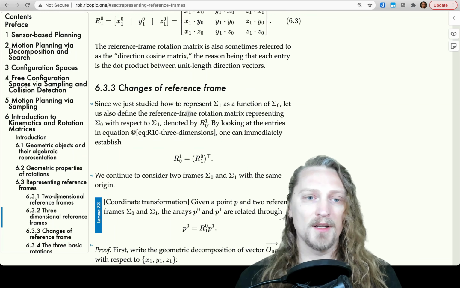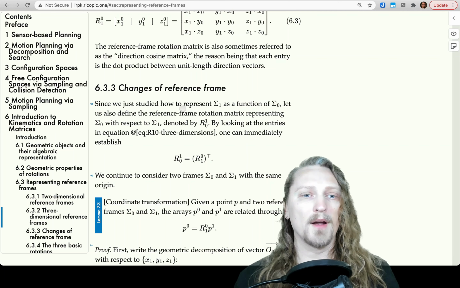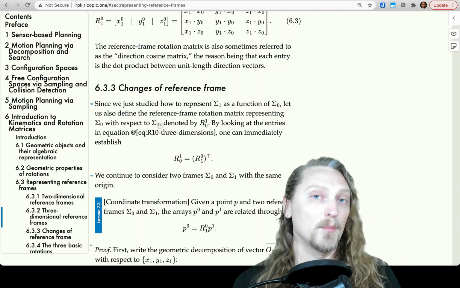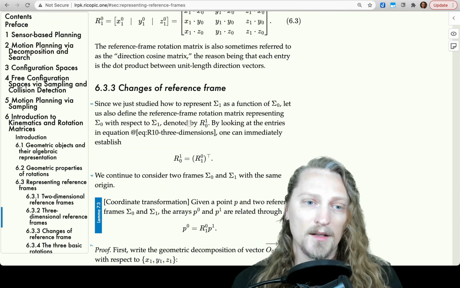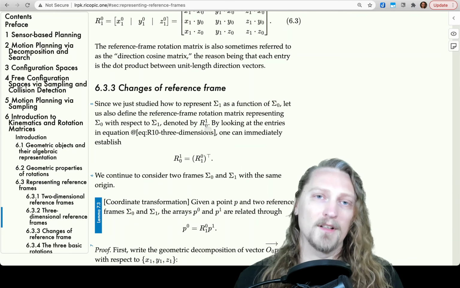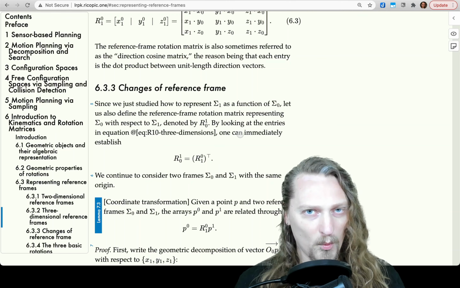Since we just studied how to represent sigma 1 as a function of sigma 0, let us also define the reference frame rotation matrix representing sigma 0 with respect to sigma 1. So going the other way, denoted by R0, which is the rotation of 0 written in terms of sigma 1.